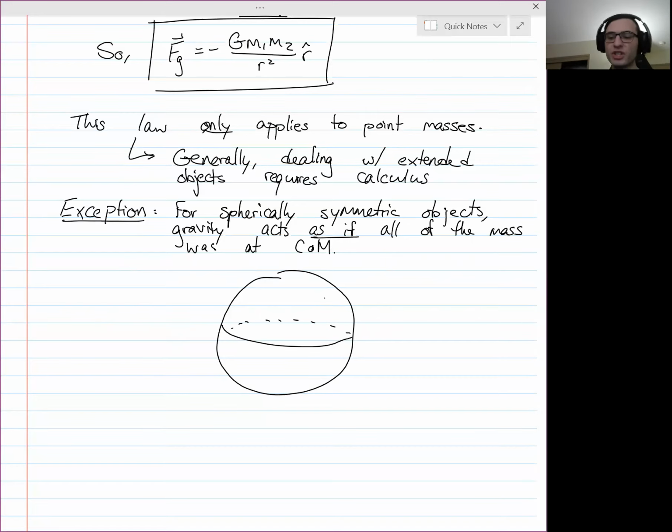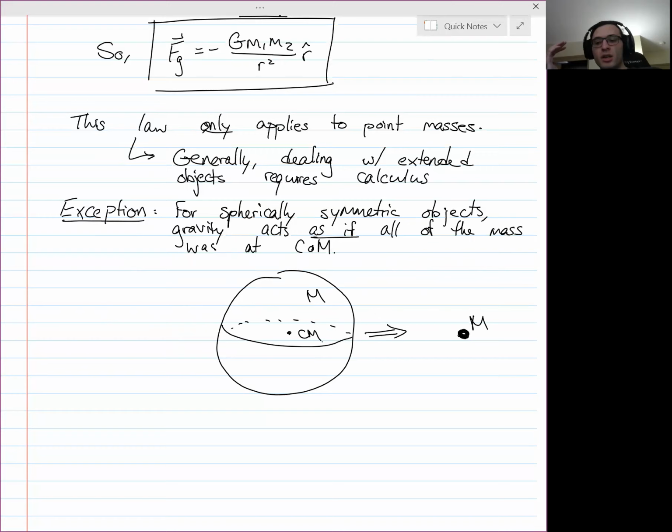Well, then you could just swap that out with a point mass, with all of the mass at the center, where the center of mass is. And gravity treats those two things precisely identically, at least Newton's law of gravitation, of universal gravitation.